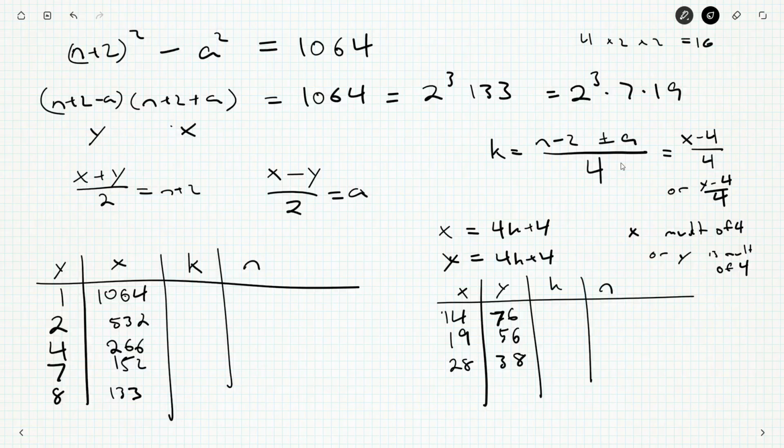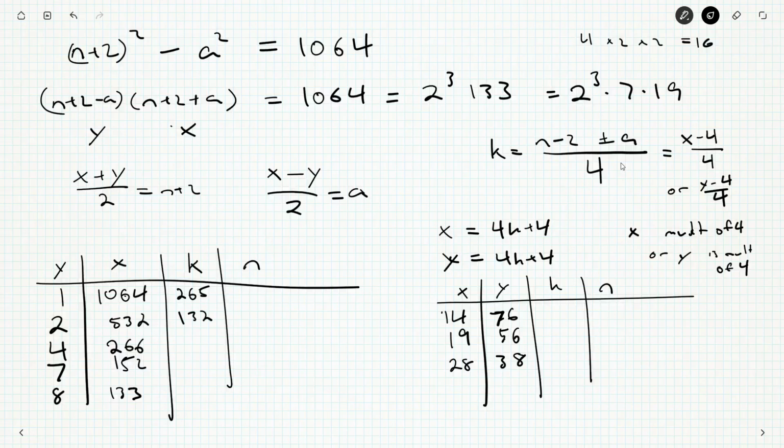So now, what will K be? K is X minus 4, so 160 divided by 4. So that's 265. Here, it's always going to be whichever one's a multiple of 4, minus 4, divided by 4. So 132.